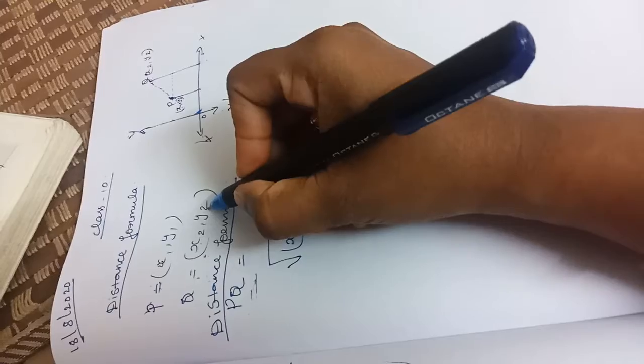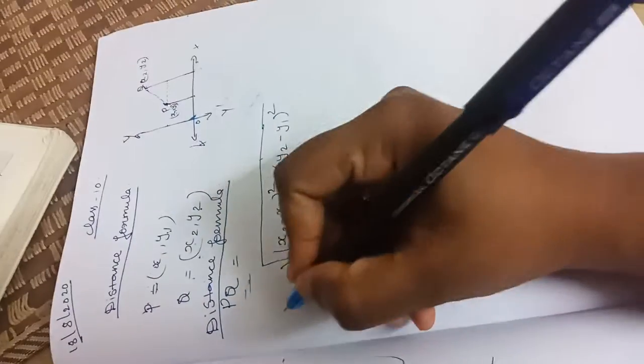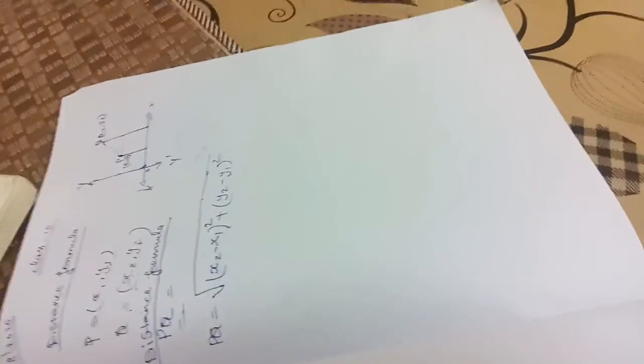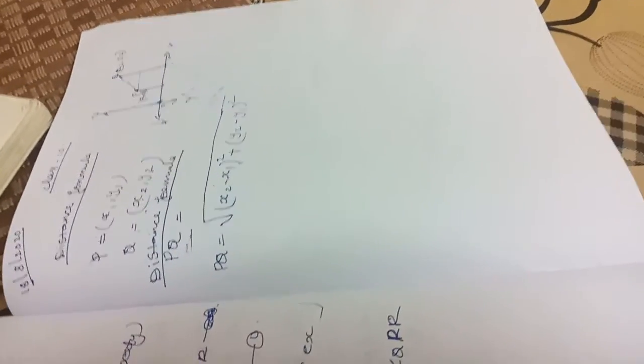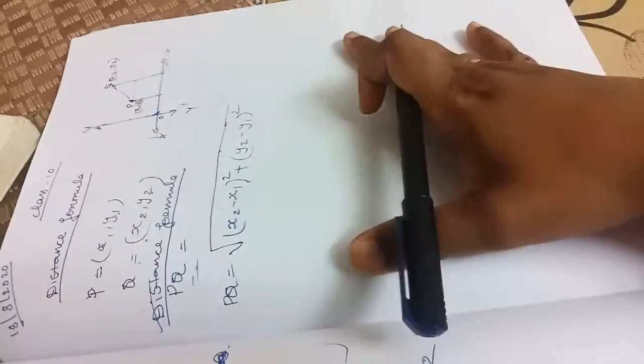Second point, last point, y2 minus y1, this one the whole square. This is the equation for finding the PQ distance. So this equation we call the distance formula. Very important, distance formula, okay. So by using this equation we can solve exercise 7.1.